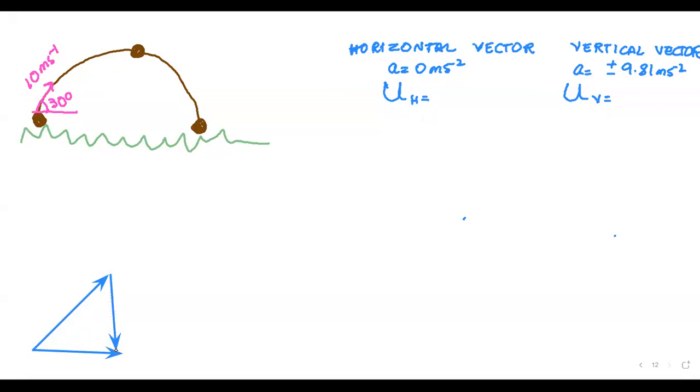Now, this hypotenuse or my resultant is 10 meters per second. The angle with the horizontal is 30 degrees. I can find both the horizontal and the vertical simply by using trigonometry.